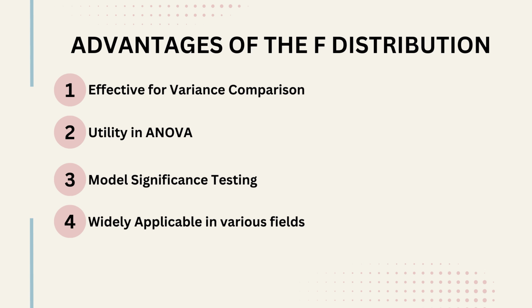Our third advantage of the F distribution is model significance testing. It's instrumental in assessing the significance of a statistical model. Widely applicable is also our next advantage. The F distribution is relevant across various fields, from scientific research to quality control in manufacturing.